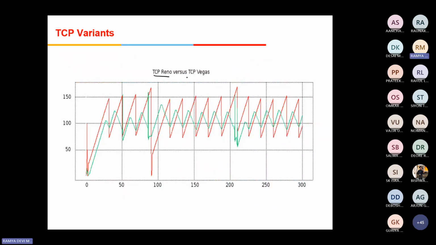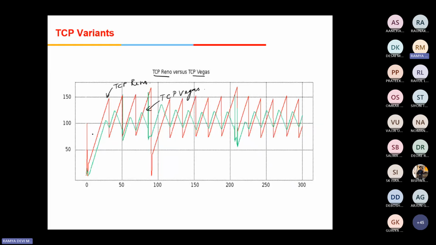Now we'll see the difference between TCP Reno and TCP Vegas. This is a comparison of the congestion window behavior of TCP Reno and TCP Vegas over time. The red line indicates TCP Reno and the green line indicates TCP Vegas.